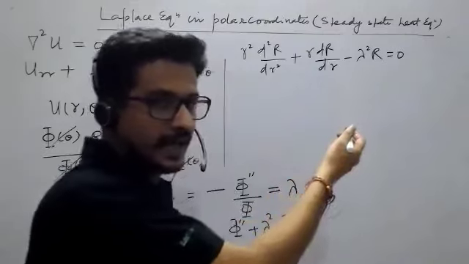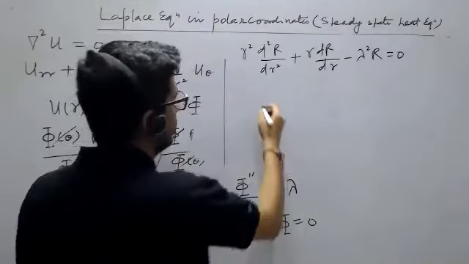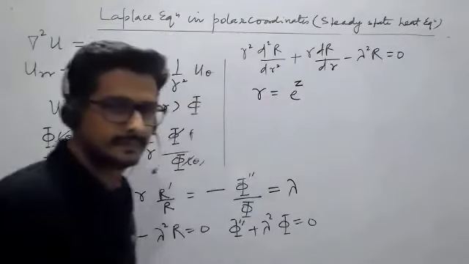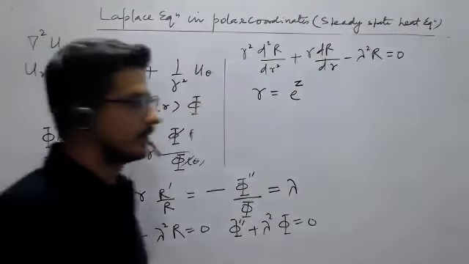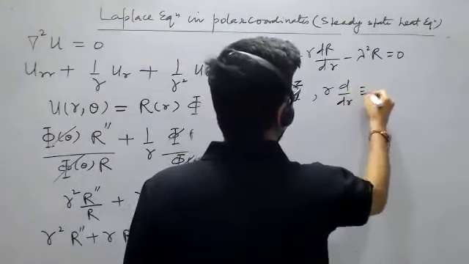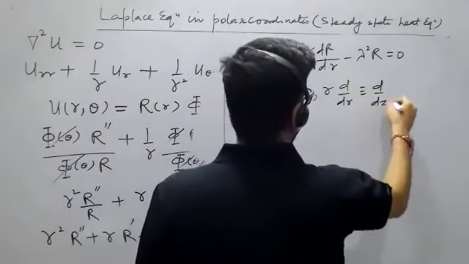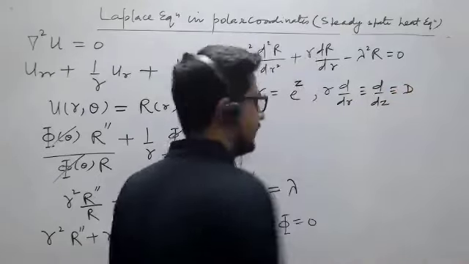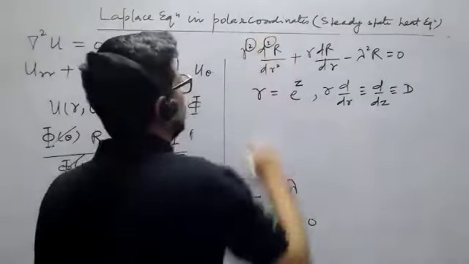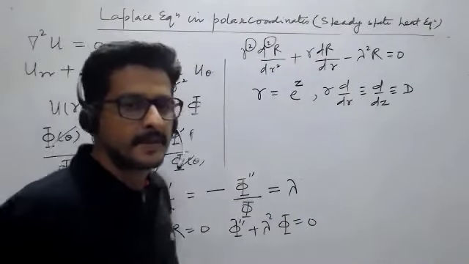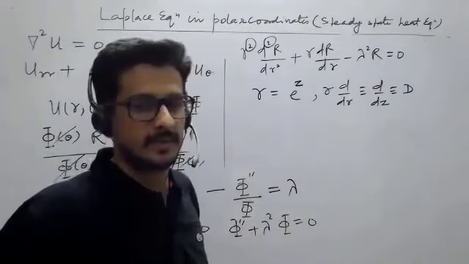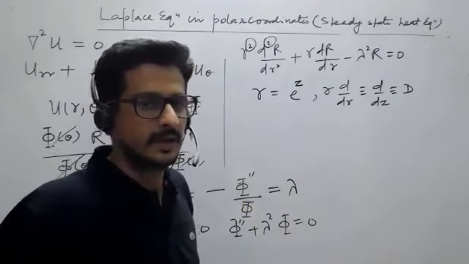So this is Cauchy-Euler form, if you can see it. r will be equal to e to the power z, and r d by dr will be equal to d by dz, which is the operator D. Do you remember? I told you in second order, the last topic, this was your last topic.